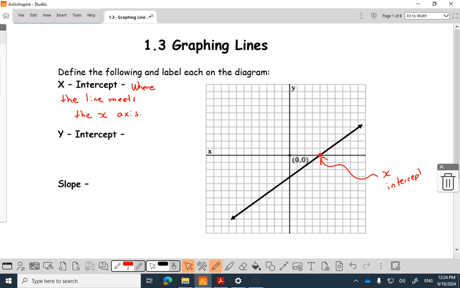Then there's y-intercept. Well, this isn't going to be too exciting. There's not too much I've got to add here to the definition. It's where the line meets the y-axis. What's the only trouble that can happen for people here?